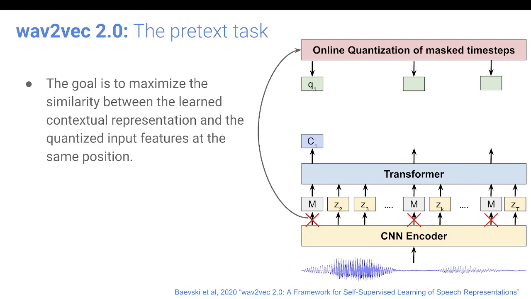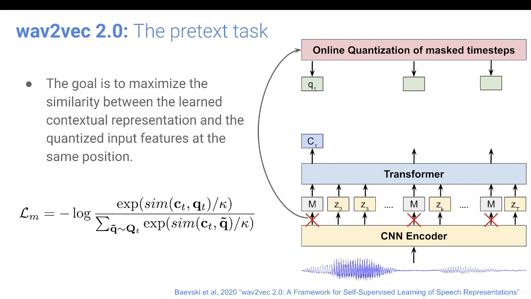Let me mention the loss function here. The loss function is the same as InfoNCE. It's similar to the CPC idea, but how we sample positives and negatives is different, and the transformer network is much more powerful in learning this contextual representation C.